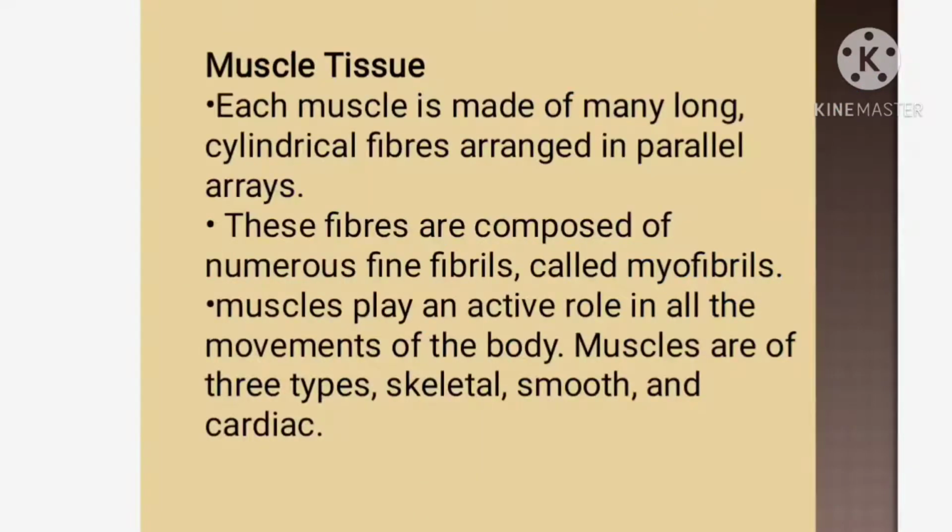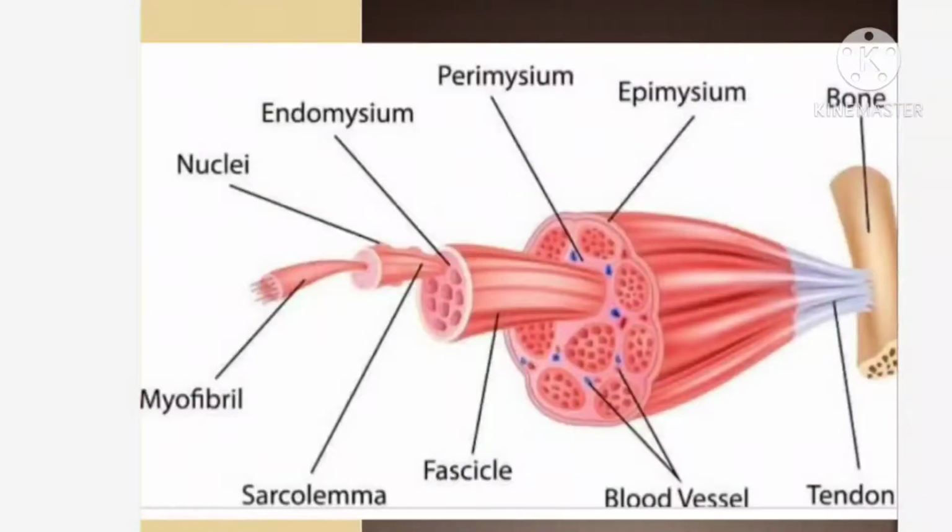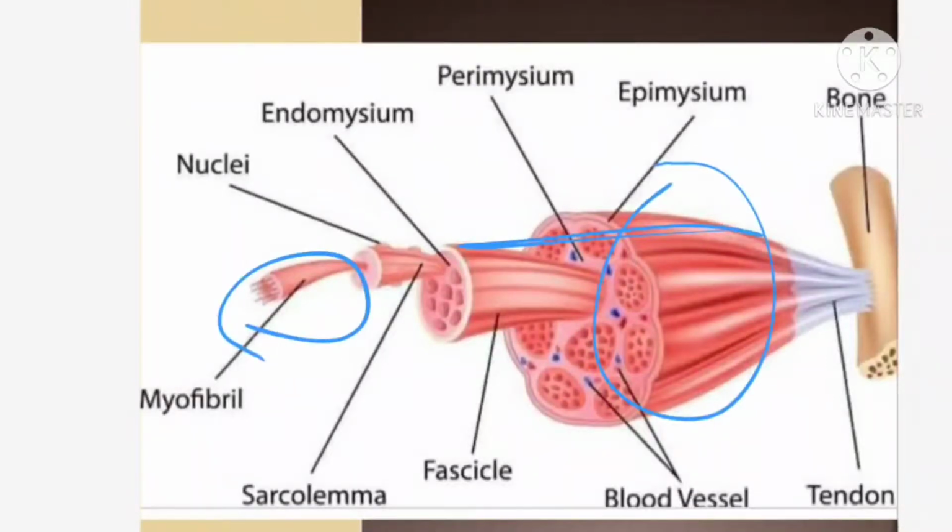Okay, so when you look at the diagram of a muscle, it is made up of long cylindrical fibers. What are muscles made up of? They are made up of fibrous cells. Now this is one full muscle bundle. Each fiber is in turn made up of many fibers.